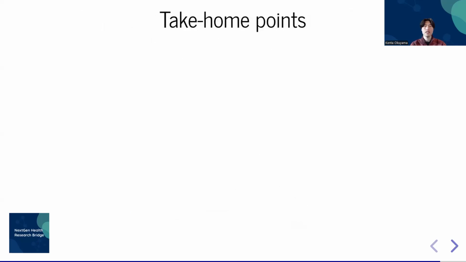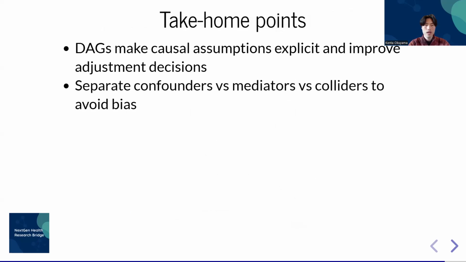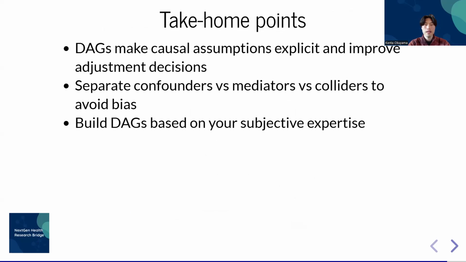So finally, the take-home messages are that DAGs are very helpful to make our causal assumptions explicit and improve adjustment decisions. They also help us separate confounders, mediators, and colliders to avoid bias when it comes to adjustment of variables. And it is very important to build our DAGs based on our subjective expertise.